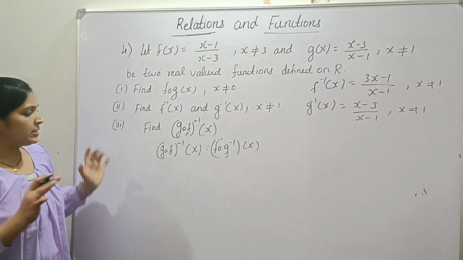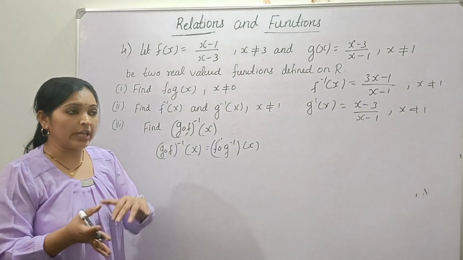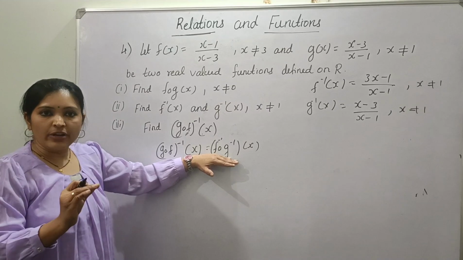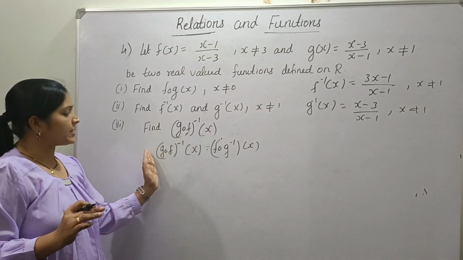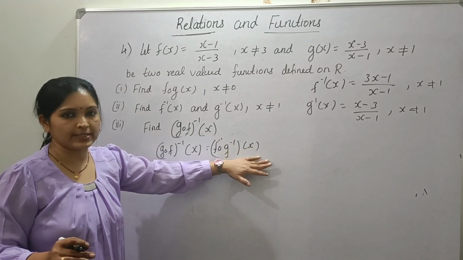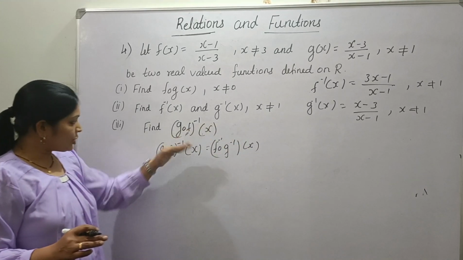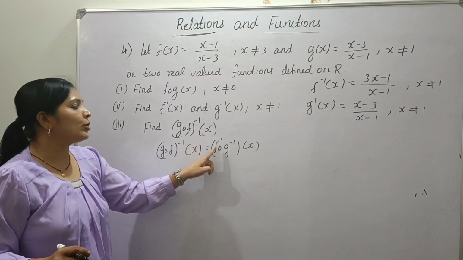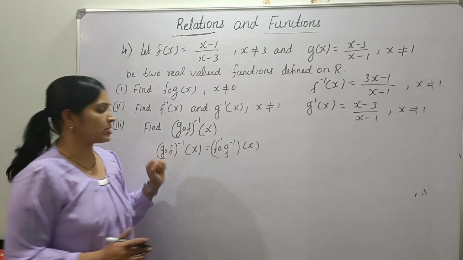Remember, the inverse of g composite f is f inverse composite g inverse, the interchanging of the places. So (g∘f) inverse is equal to f inverse composite g inverse.